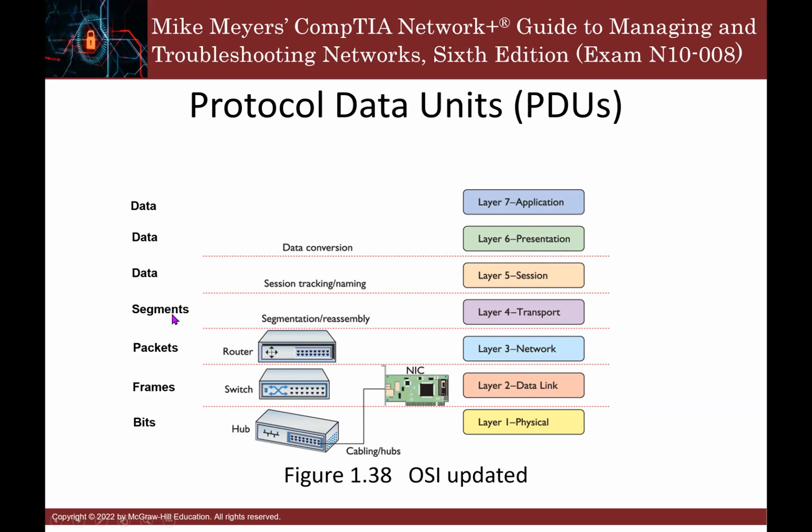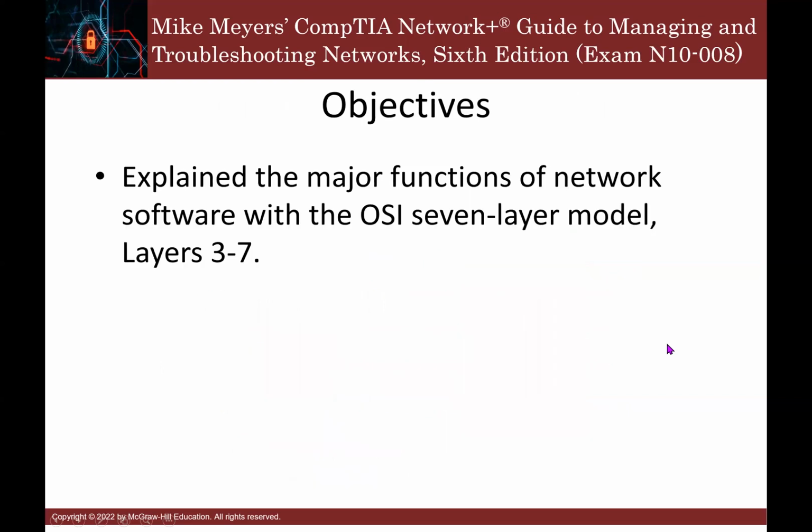They're all just referred to as segments. And then at layer 3, we have packets. At layer 2, we have frames. And then as it's transferred onto the medium, it is referred to as bits. So we have explained the major functions of network software with the OSI 7-layer model for layers 3 through 7.